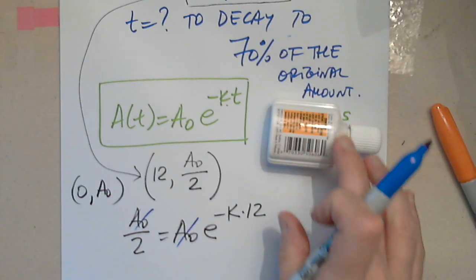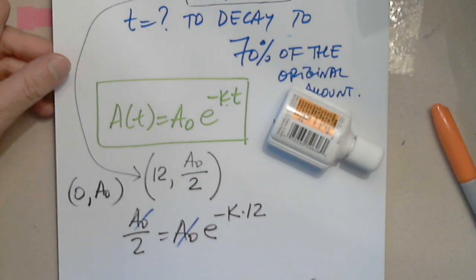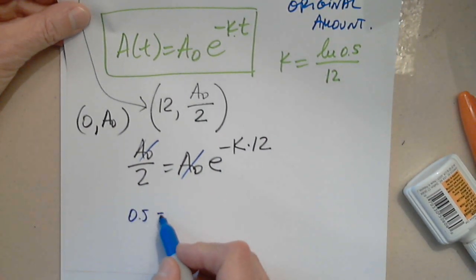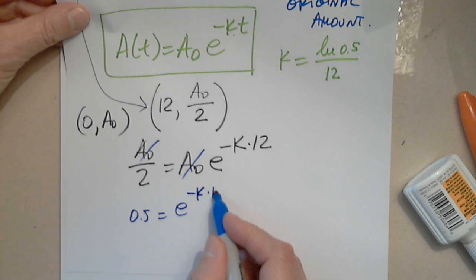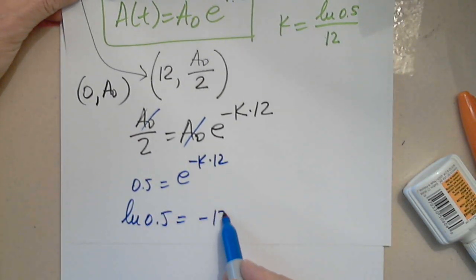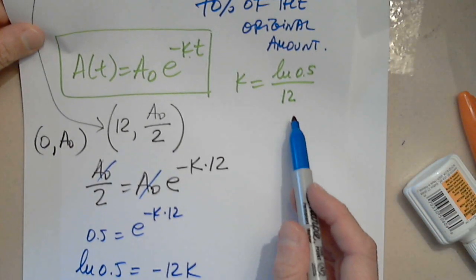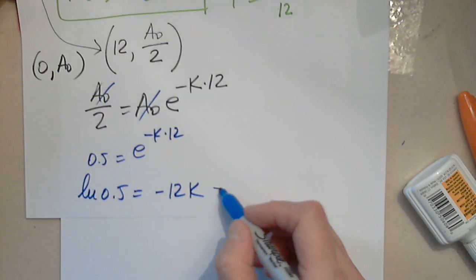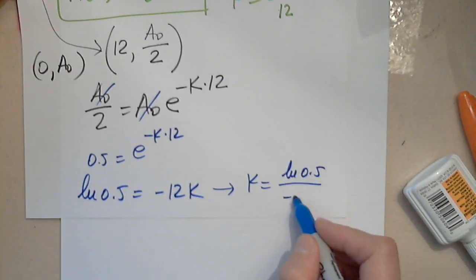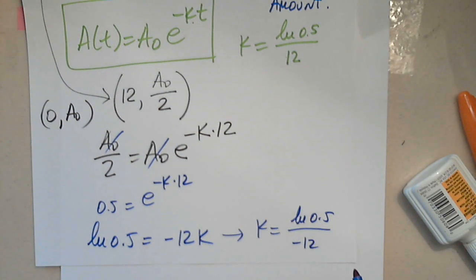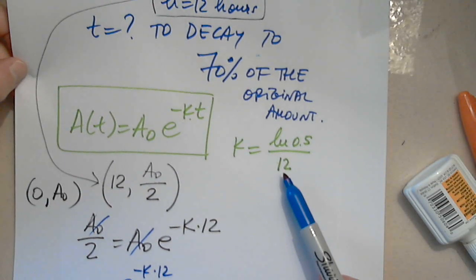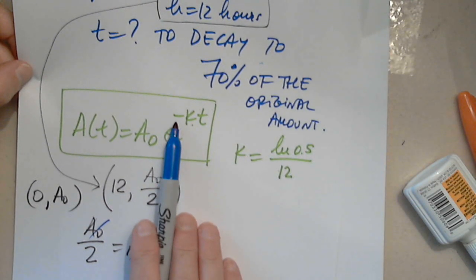Yes, of course, like before, we have to get rid of a0 because first of all, I don't even have it and it's the same. So the left-hand side is 0.5, the right-hand side is this, and we apply natural log, and we get that. So from here, we have k equals natural log 0.5 divided by negative 12. Careful with the formula, because the formula does not take into account the fact that there is a minus here.